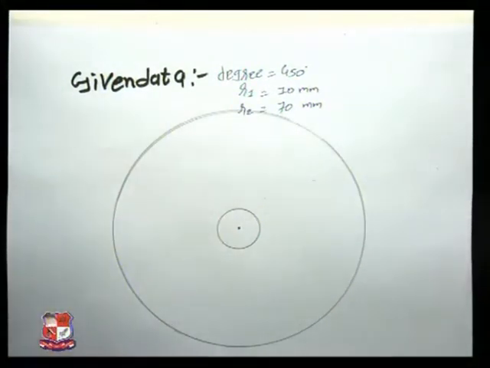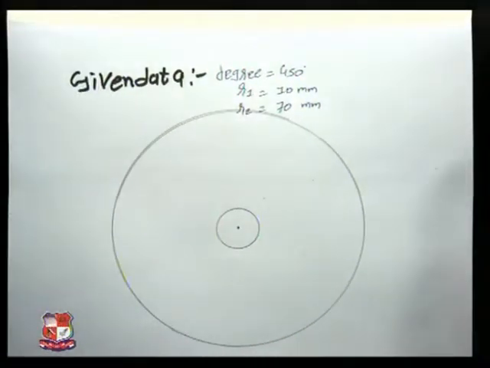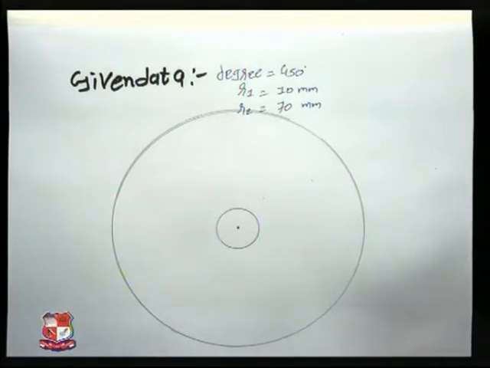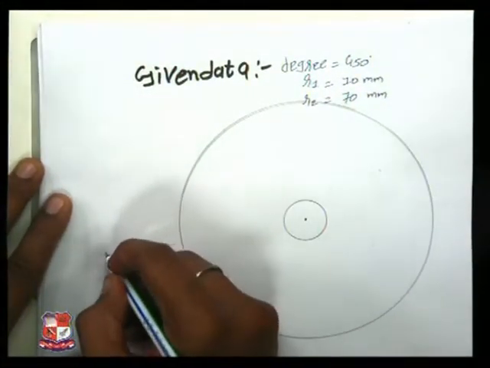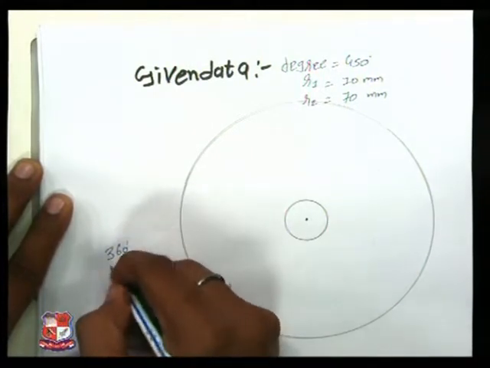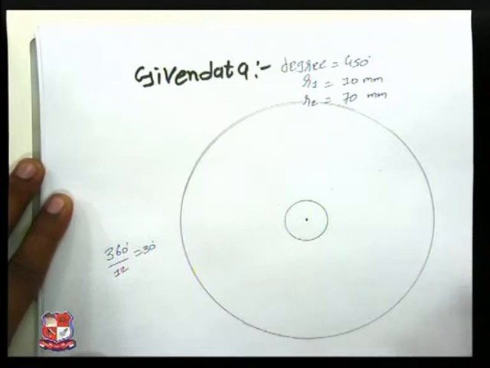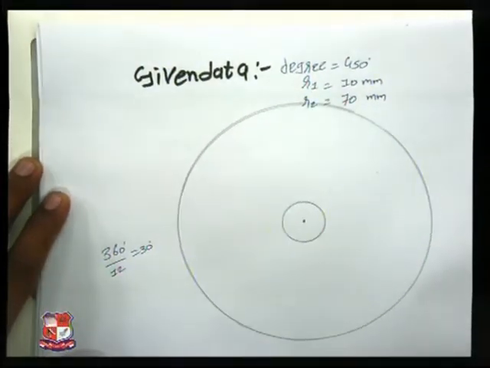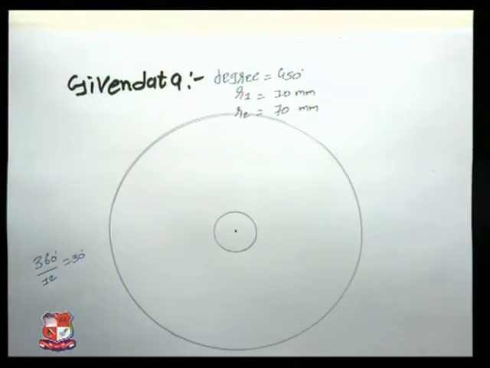Now what we are going to do? We will divide this circle into 12 equal parts. If we want to divide any circle into 12 equal parts, 360 divided by 12 comes to 30 degrees, so 30 degrees each division.